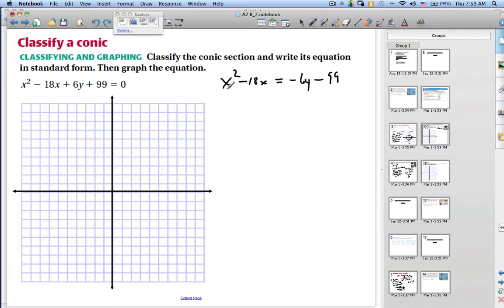And I did this because I need to have the square of a binomial on this side, and I'm going to complete the square. That's why I was practicing it a little bit ago. So I'm going to take 18, divide it by 2, that's 9, and I'm going to square it. So I'll have x squared minus 18x plus 9 squared.